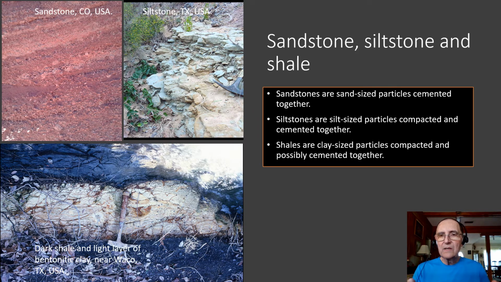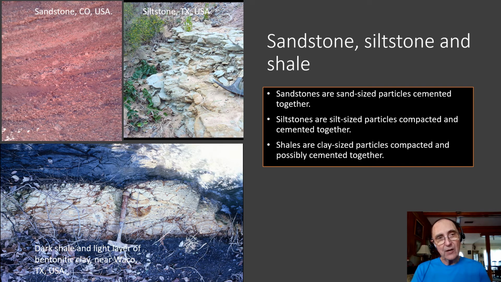Sandstones are sand-sized particles that have been cemented together. Siltstones are silt-sized particles that have been compacted and cemented together. And shales are clay-sized particles that have been compressed or compacted together, possibly cemented.